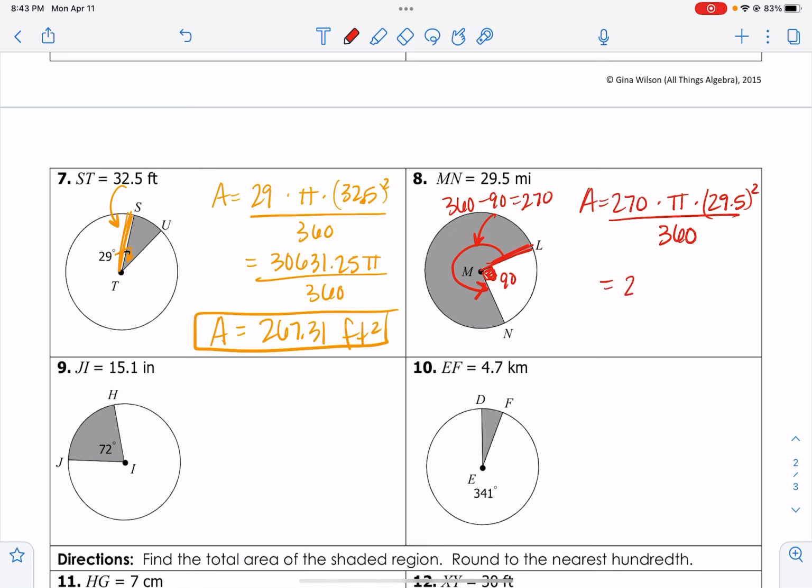That gives me 234,967.5 pi over 360. That's 2,050.48 miles squared.